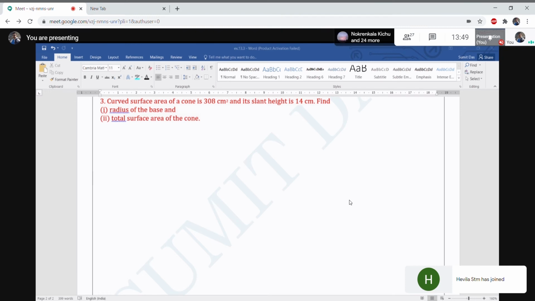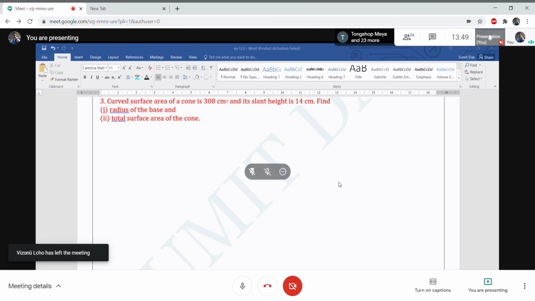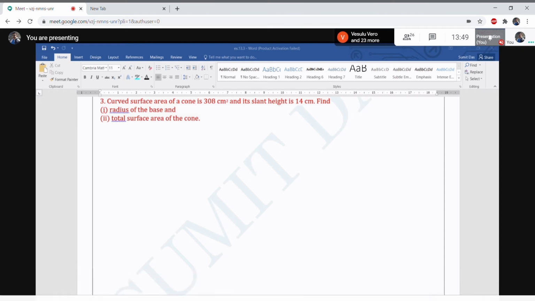Curved surface area of a cone is given. We have to find, and slant height is also given. We have to find the radius of the base and the total surface area of the cone. So let's find.